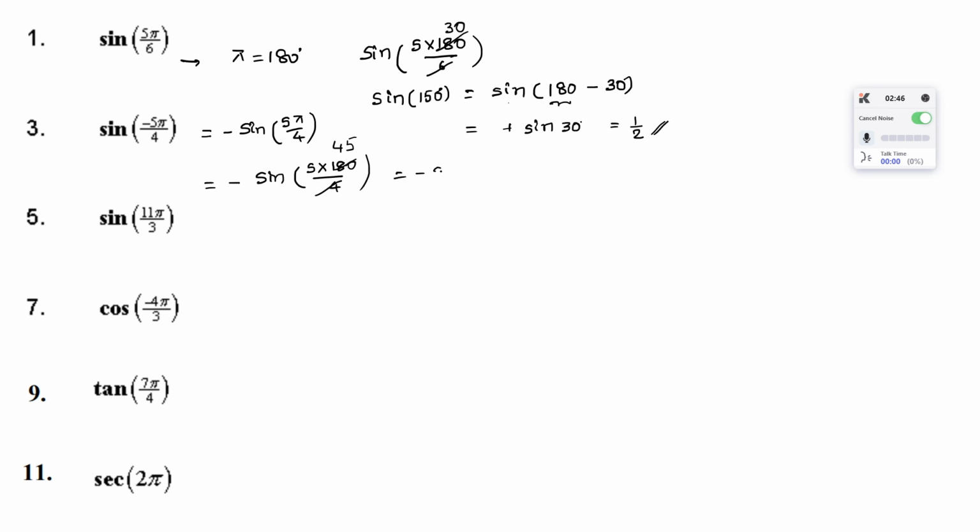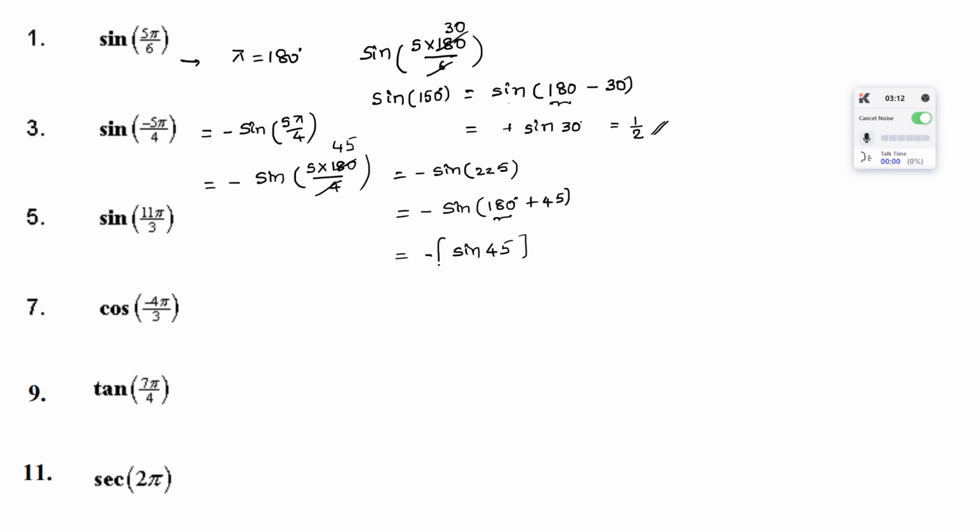So minus of sine of 5 into 45. 5 times 45 is 225. So minus sine of 225 can be written as 180 plus 45. And as I told you very clearly, whenever the reference angle is 180, there will be no change in the name. So that will become minus sine 45.